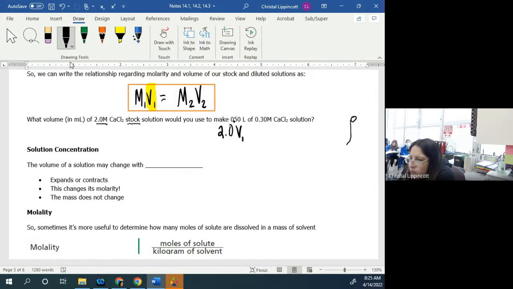Our volumetric flask is sitting over here. It has its little etched line on it right here. And they want to know how much of this 2 molar we need to add in so that we can end up at 0.3 molar.